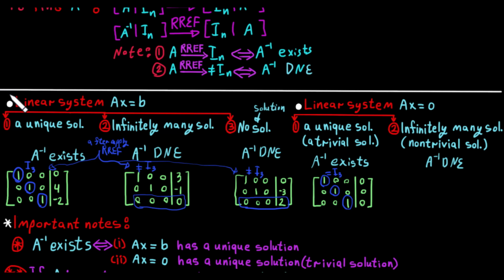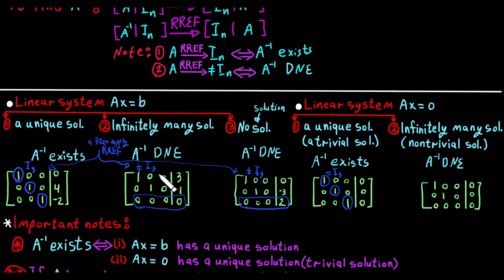So here for infinitely many solutions, exactly like this one, but here they have to be 0, 0, because here 0. 1, 0, 0, 0, 1, 0, 0, 0, 0, line of augmented, 0, 0, 0.